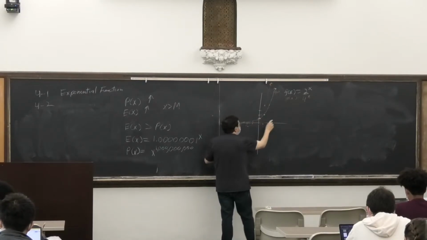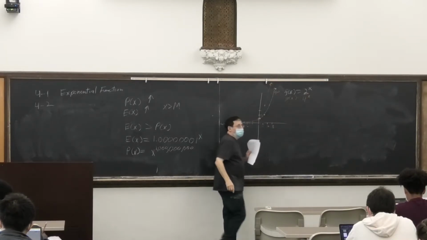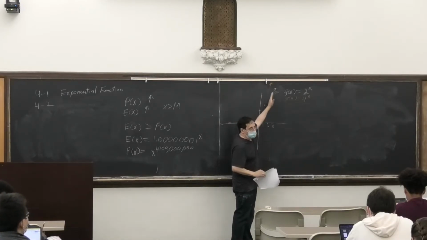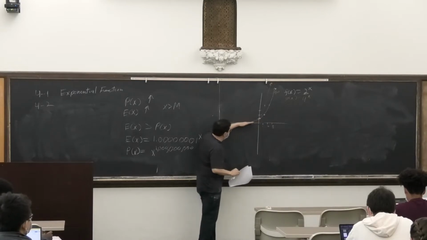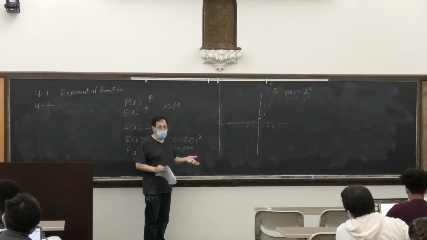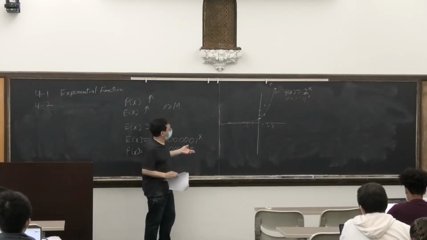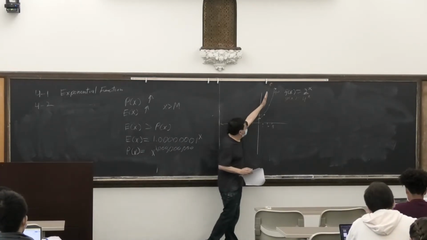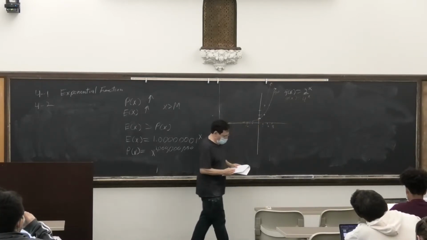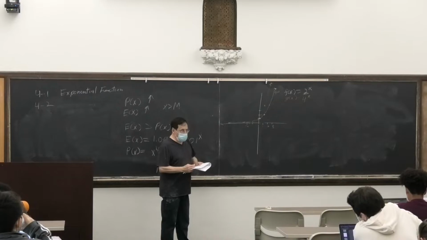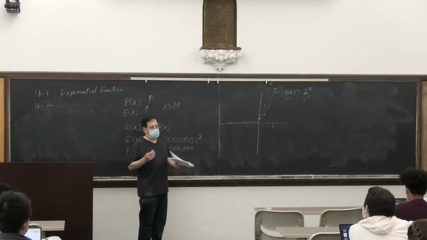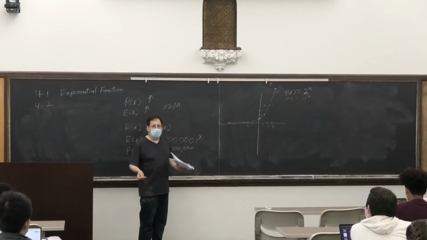And what's happened? The base got larger. The rate at which it goes up is much faster. The rate at which it comes down is much slower. However, the shape, except for scale, is basically the same. This is for a greater than 1, increasing. And you're actually going to find that's true for all exponential functions. They're all basically the same shape.